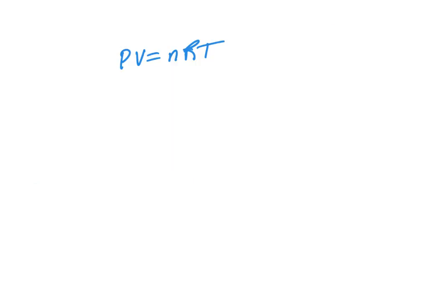For constant and inverse variation, we did one in class like this, where I said, all right, let's solve it for, like if I solve it for T, that means I'm going to take both sides of the equation and divide by nR. And I'll have T equals PV over nR.